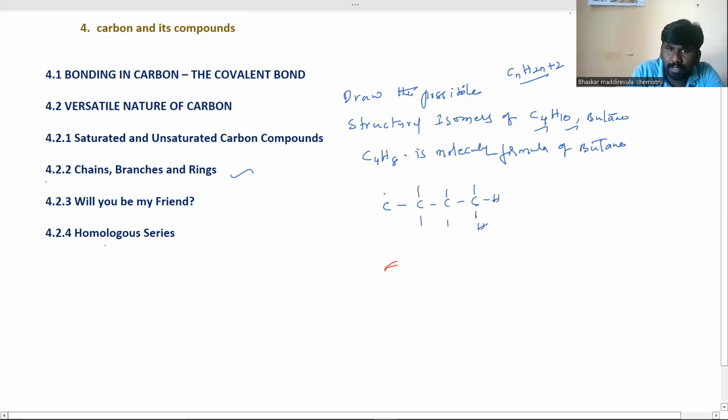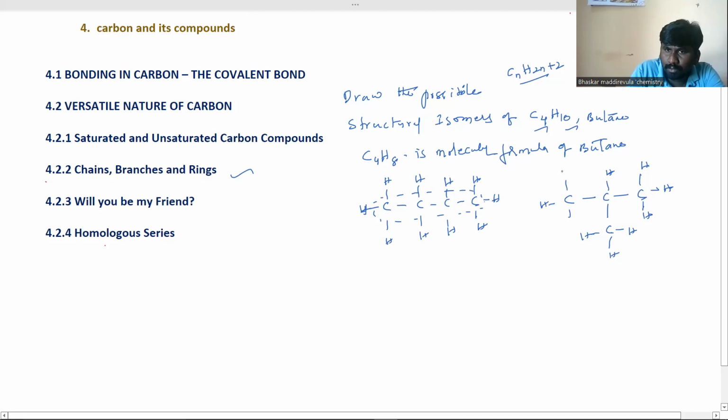Here there is one possibility of structure for this molecular formula, where every carbon is in a straight chain. This is one way of arranging. Next, the second possibility: we can also make branches. We can arrange the carbons in the form of branches. Then in the remaining places we arrange the hydrogens, making sure carbon tetravalency is satisfied.